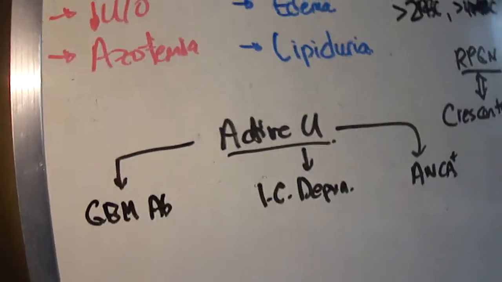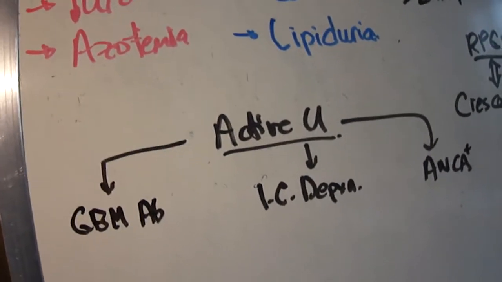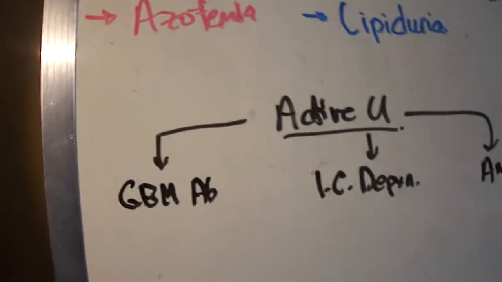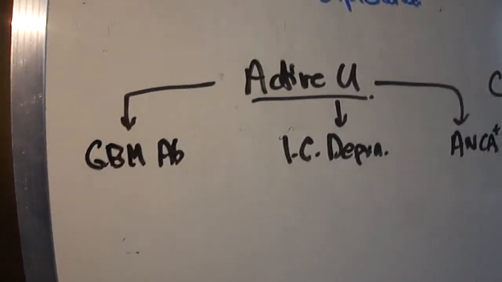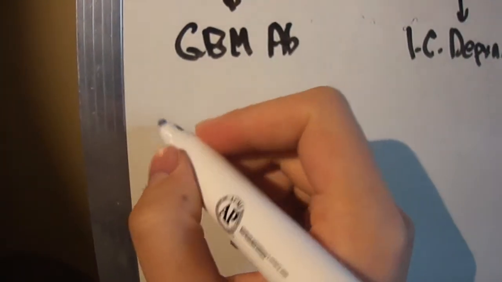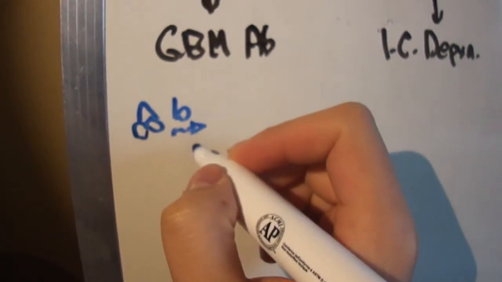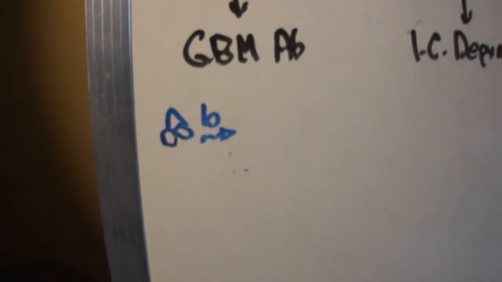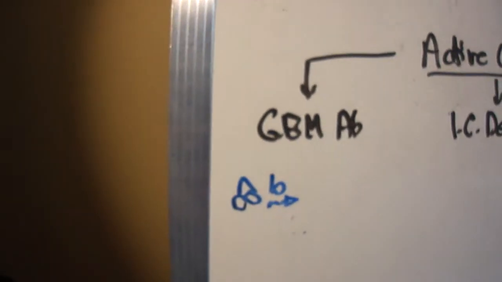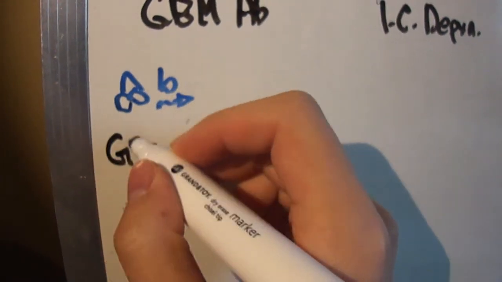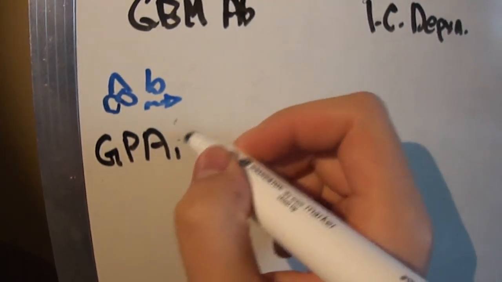Okay? So now let's go through each of these. For your glomerular basement membrane antibodies, if the person is bleeding from their lungs, which you'll see with hemoptysis, then you can say that it could very well be Goodpasture's.